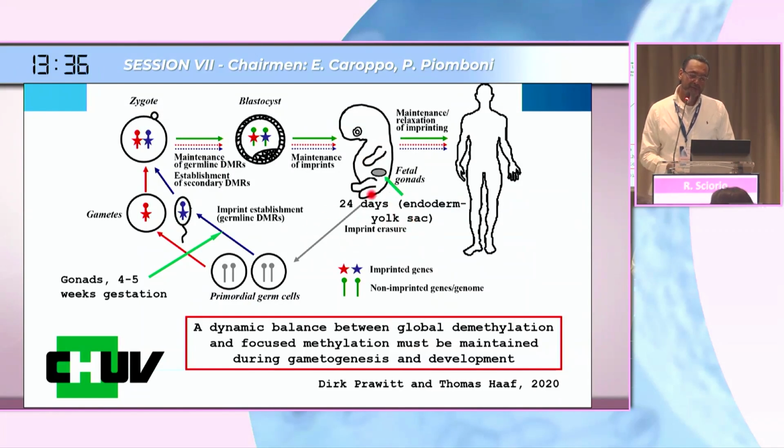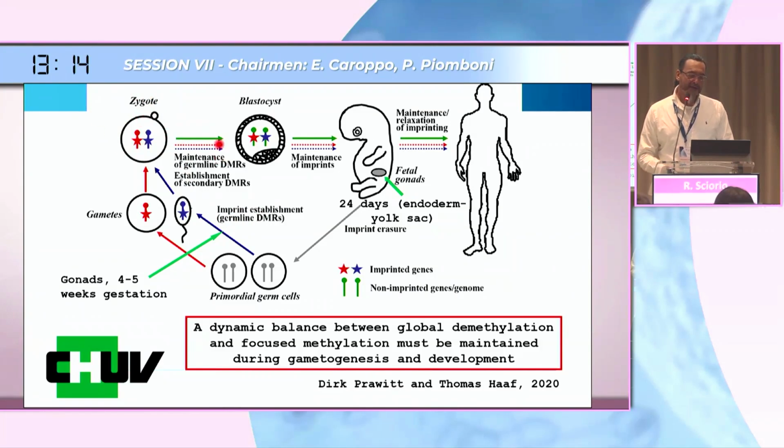That means the information of a previous generation is erased. And then the new imprinting needs to be established, so the DMRs, differentially methylated regions. These need to be established and maintained during the zygote, as you can see here, and then during blastocyst formation.